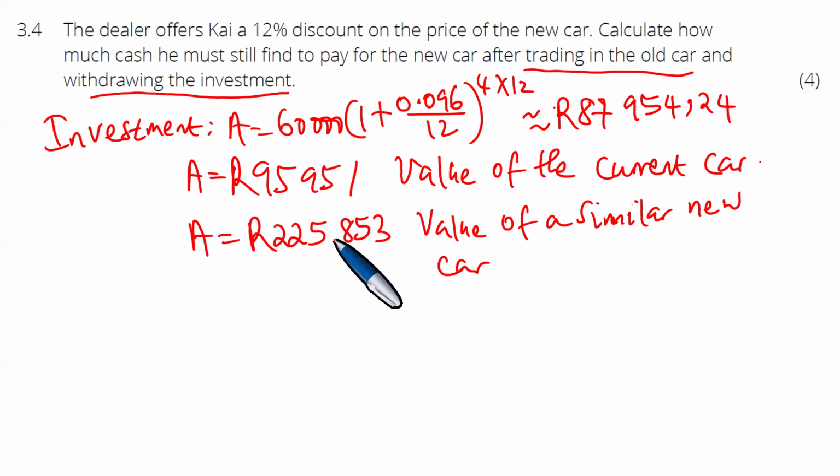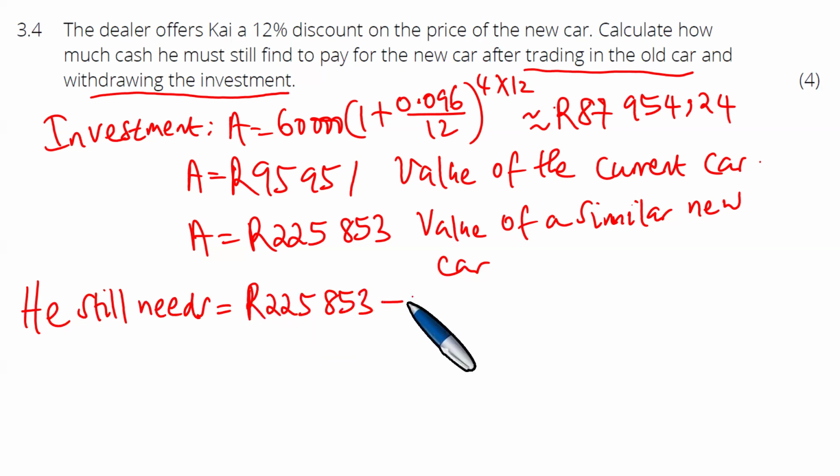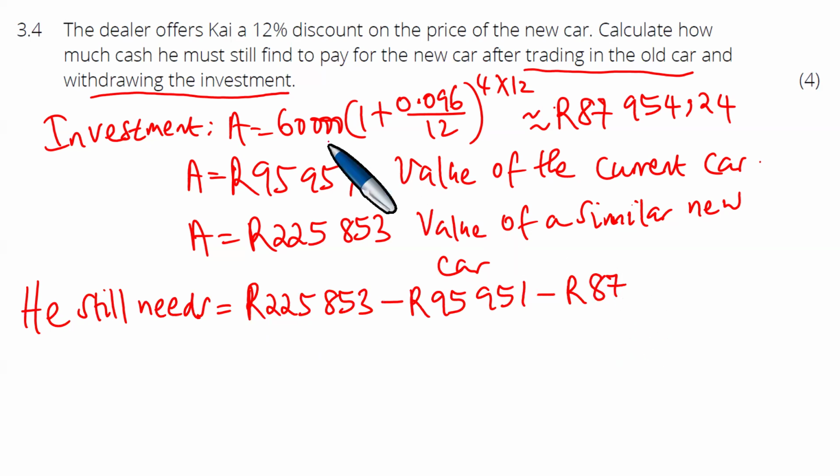And so now he still needs, you can write like this, he still needs 225,853 minus 95,951 minus 87,954, because he's going to have that investment, so that investment is sort of going to bail him out.